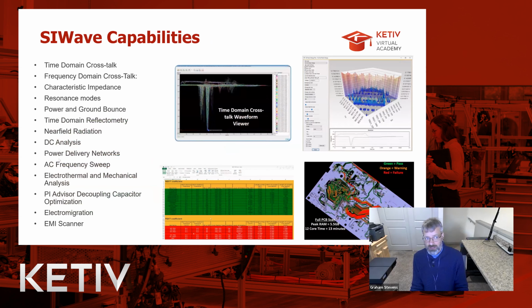And so SI Wave has all these different capabilities, looking at crosstalk, am I getting interference of one signal to the other, looking at characteristic impedance, time domain reflectometry, DC analysis, AC frequency, decoupling capacitor optimization, and finally an EMI scanner. All these different capabilities are special purpose built for doing signal integrity.